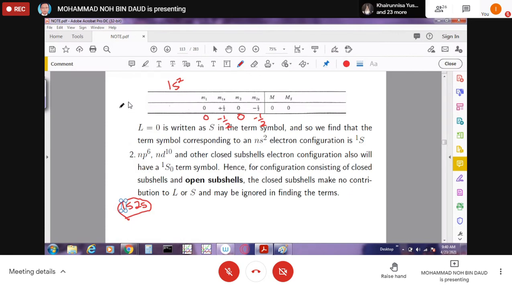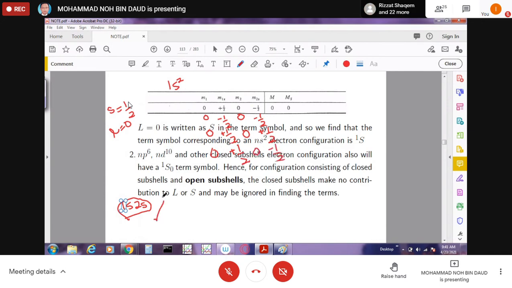So you must know how to differentiate this as half and L0. S is only a positive value. The MS here could be positive half and negative half. So we have another here, positive half and positive half, this still 0, and you can have here positive half and negative half.